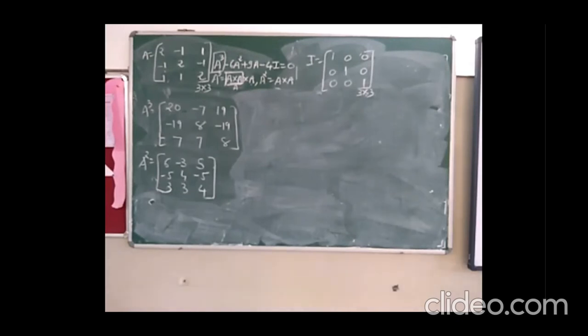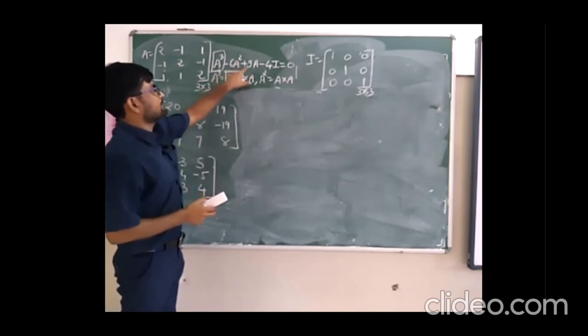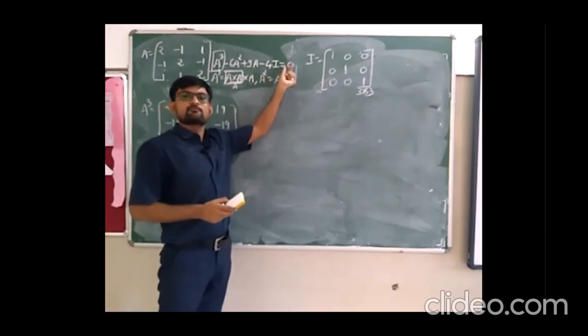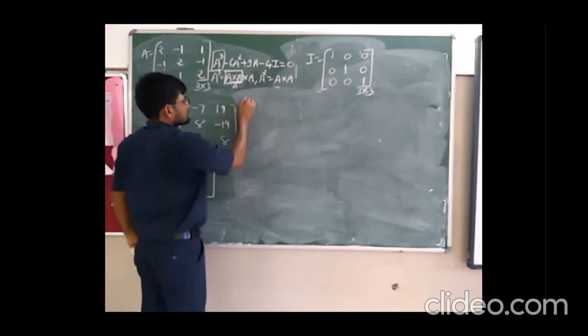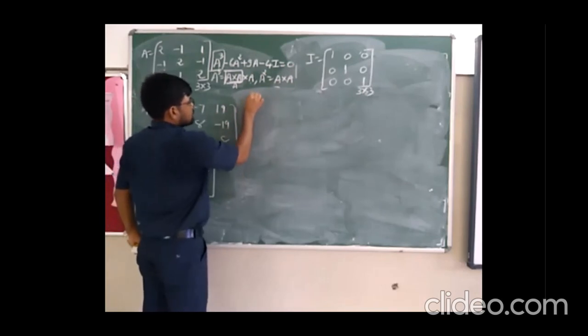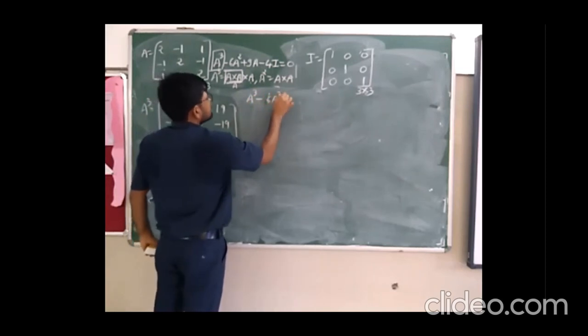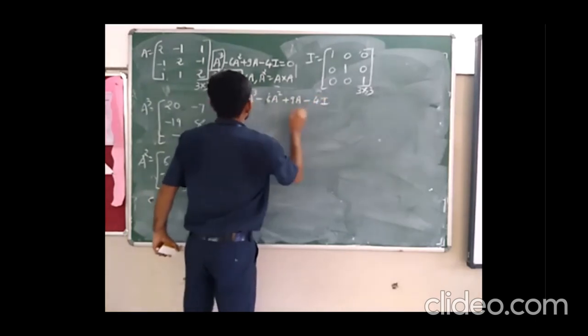Okay, so after getting the answer of a cube and a square, now we'll find a cube minus 6a square plus 9a minus 4i. Okay, and we'll check whether it is equal to 0 or not. So let's start. A cube minus 6a square plus 9a minus 4i.